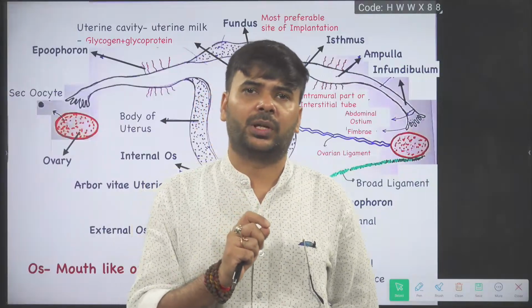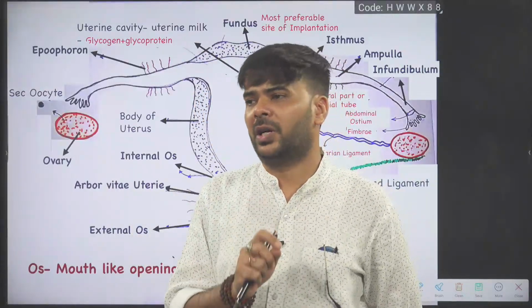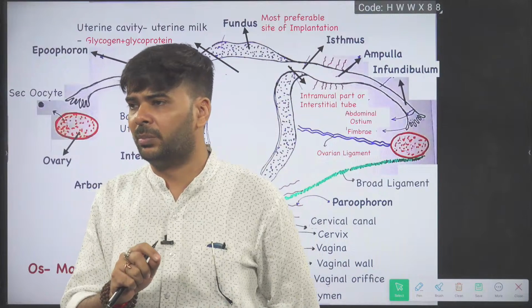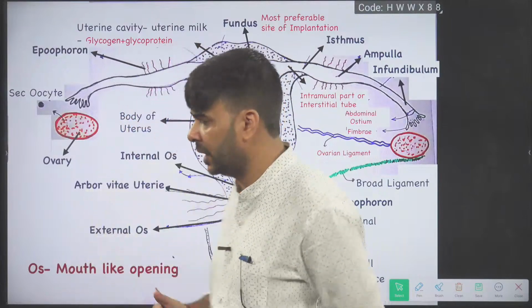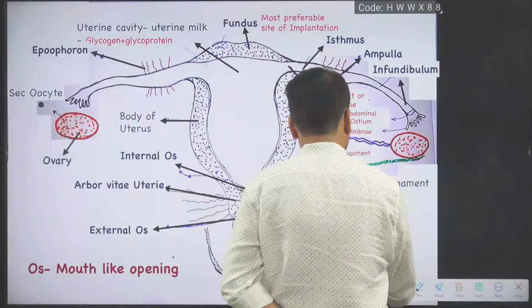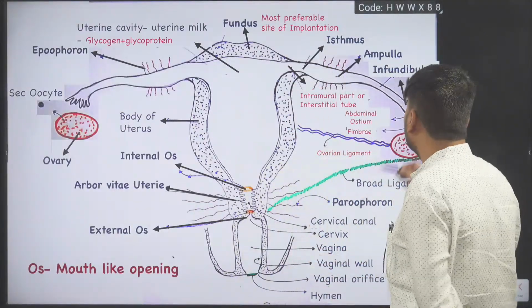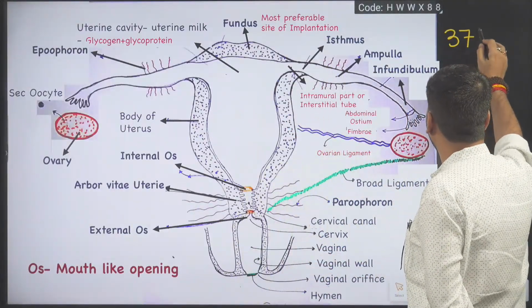Mark this line in your brain. 2 to 2.5 degrees less than body temperature. Body temperature in human male is 37 degrees Celsius.